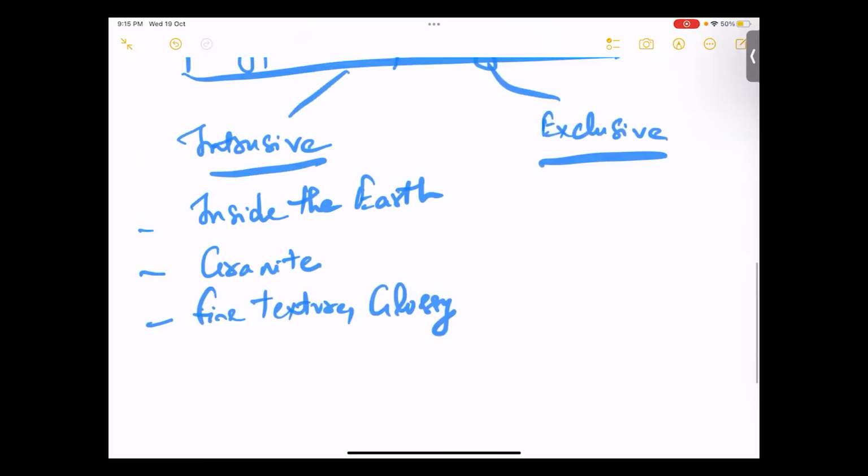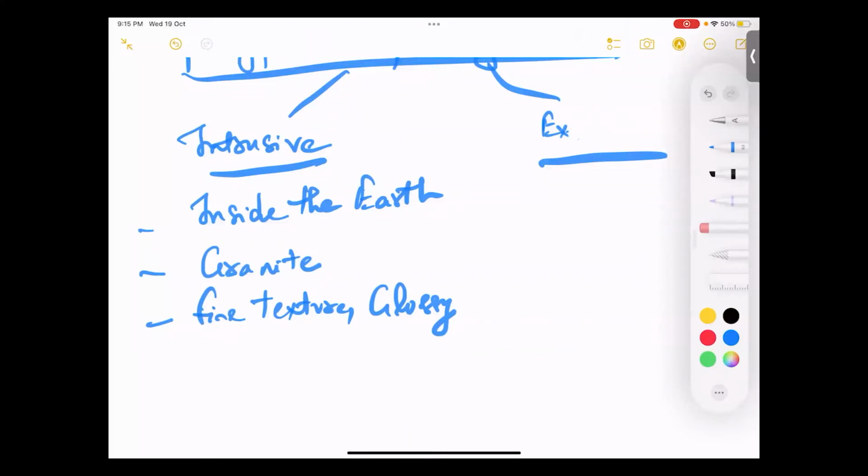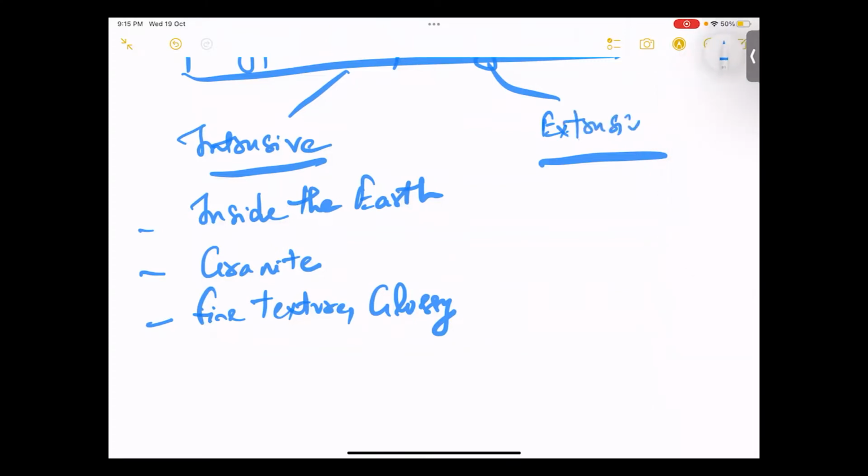Then what is extrusive? Sorry, this is not exclusive, this is extrusive. Extrusive rocks: what are they?